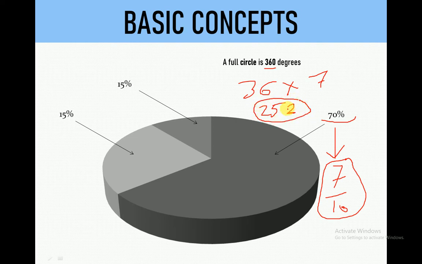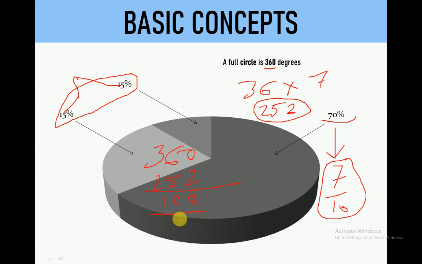Now you see that both these values are equal, 15% and 15%, so you don't have to find the fraction form of 15% and multiply again. Just subtract 252 from 360, and you will get 108.